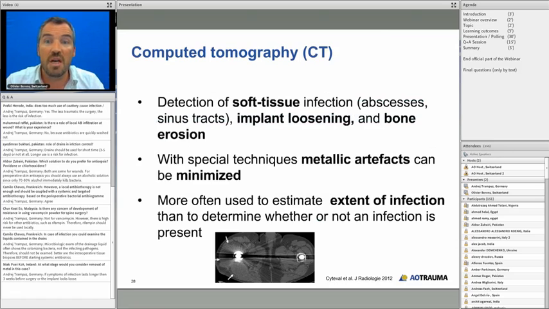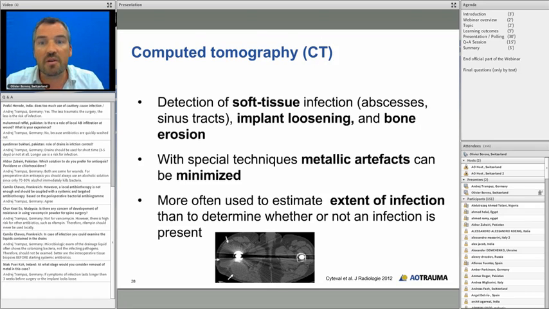What about CT scan? CT scan is mainly used to look at the soft tissue infection around the implant. We can see whether there's some implant loosening or bony erosion. But once again, due to metallic artifacts, if we don't use the MARS technique, the sensitivity here is good, but the specificity, unfortunately, is not extremely good.